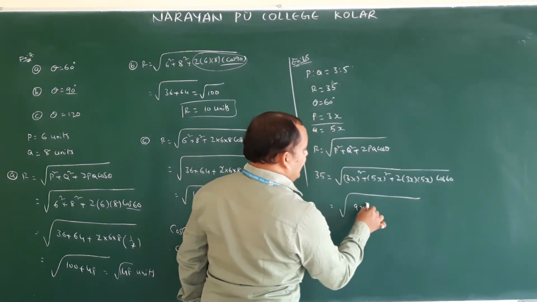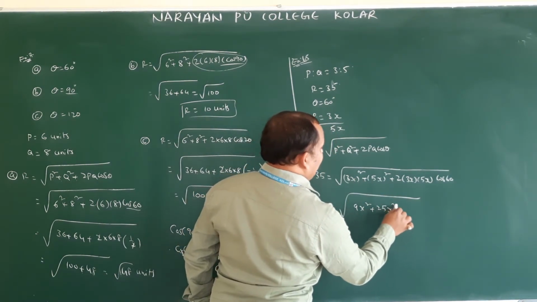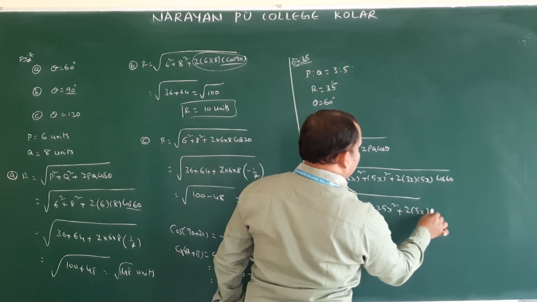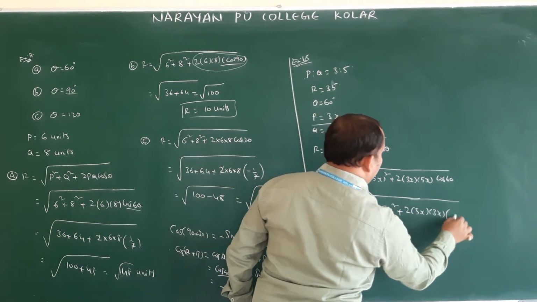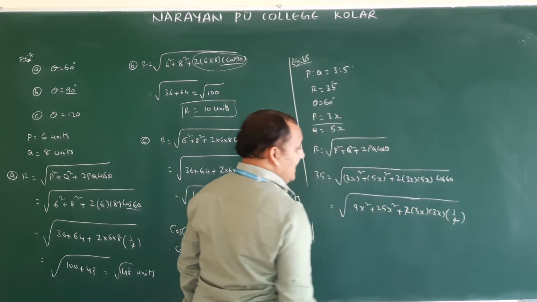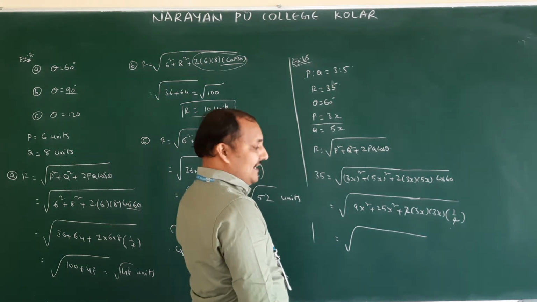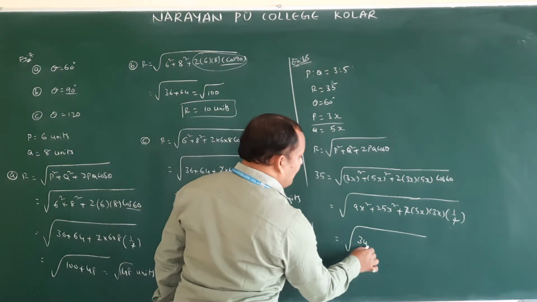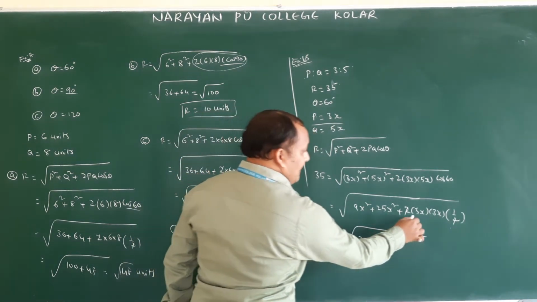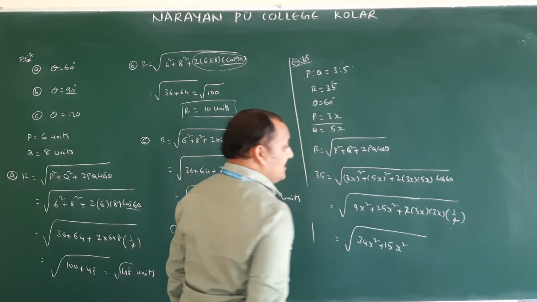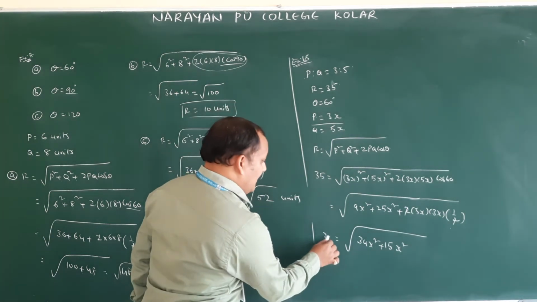Therefore 9x square plus 25x square plus 2 into 5x into 3x into 1 by 2. 2 will be cancelled. So 25 plus 9, how much? 34x square plus 15x square. This is nothing but 35.